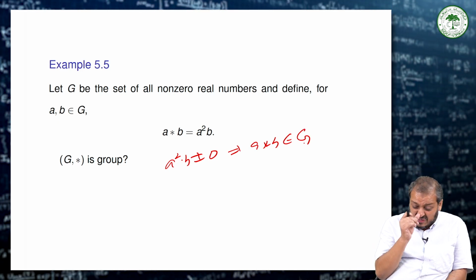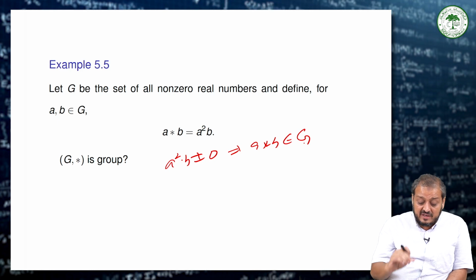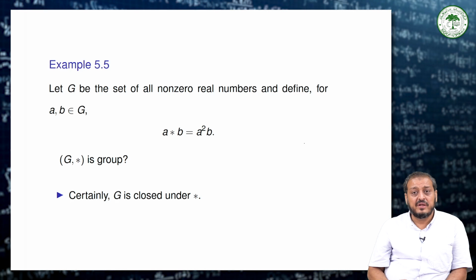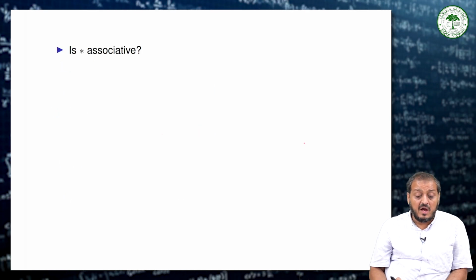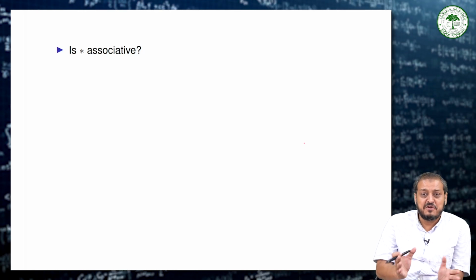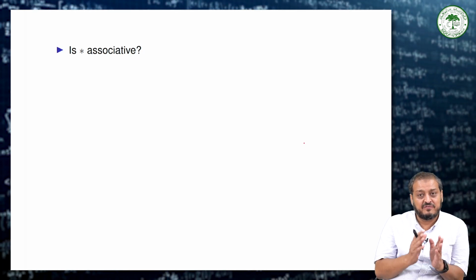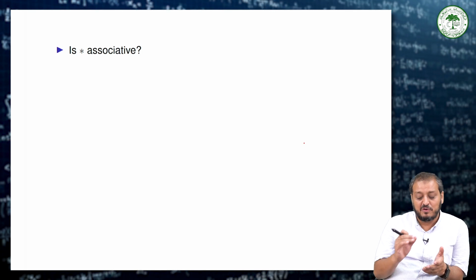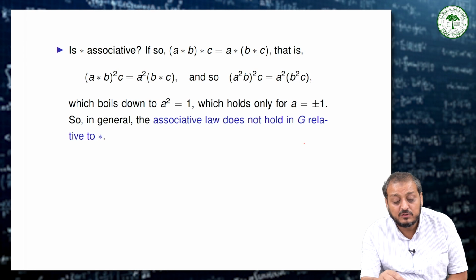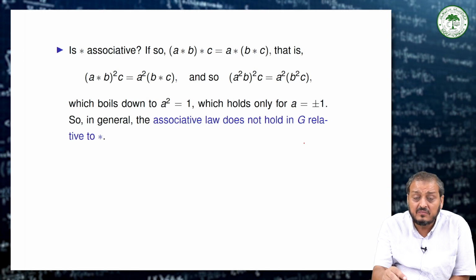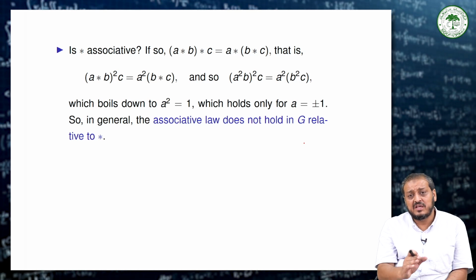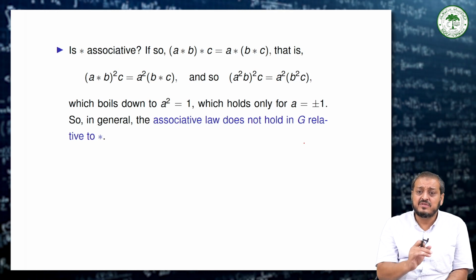Certainly G is closed under this binary operation. The interesting thing is whether this is associative or not. So let us check whether this set is associative. We have to check that (a star b) star c is the same as a star (b star c).